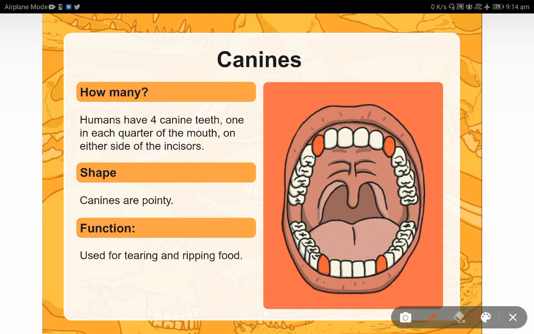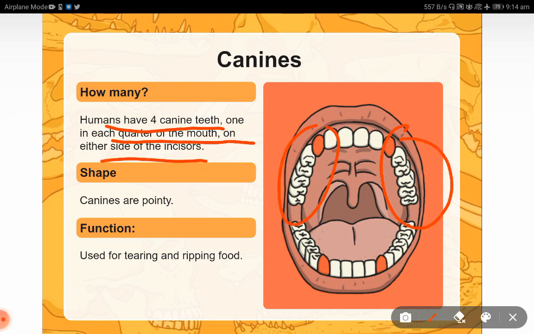Moving on, the next ones are canines, and humans have 4 canine teeth, one in each quarter of the mouth, on each side of the incisors. So this is the first quarter, this is the second quarter of the mouth, this is the third, and this is the fourth. One canine is in each quarter of the mouth, and they are on each side of the incisors.